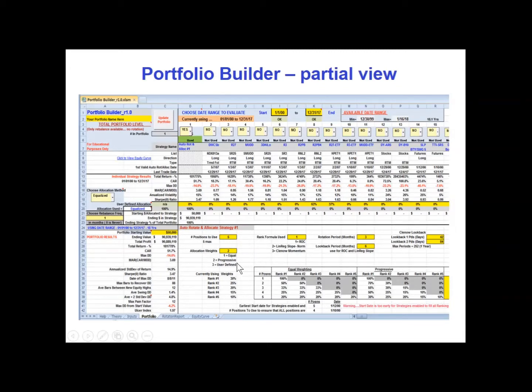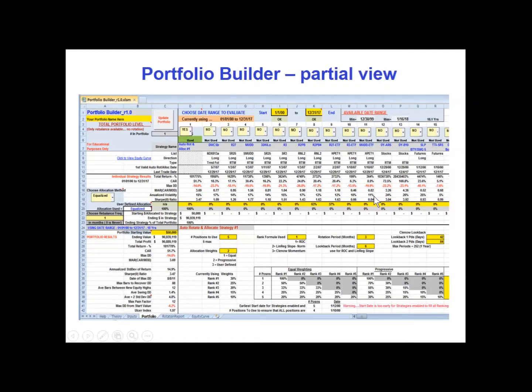Now, the output, if you're using this one, all goes up here. A couple of things, I'm going to cover this again. This section right here, you probably can't see it, but you can see it when you get the tool. For each one of these that you have loaded, it will tell you what the CAR, max drawdown, Calmar ratio, annualized volatility, and the Sharpe ratio is of them by themselves, in case you forgot.